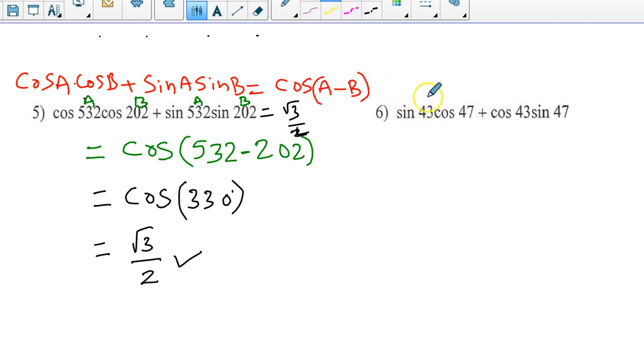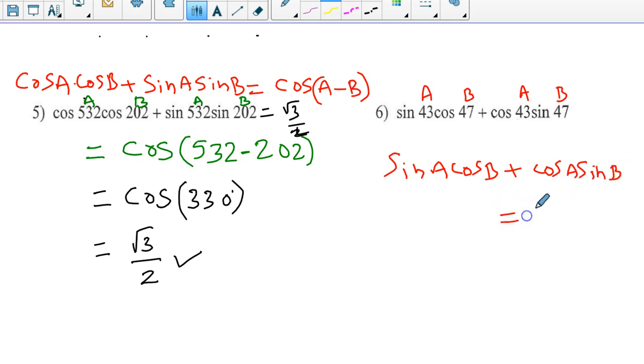Similarly, in this case, this is like sine A cosine B plus cosine A sine B. Now, what is that? Sine A cosine B plus cosine A sine B is equal to, you know that it is the sum formula, sine A plus B, right?